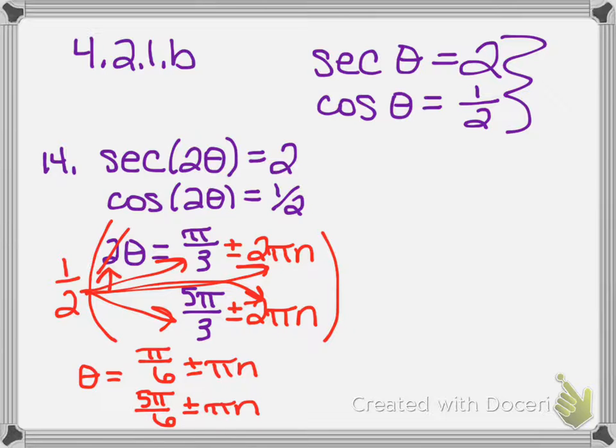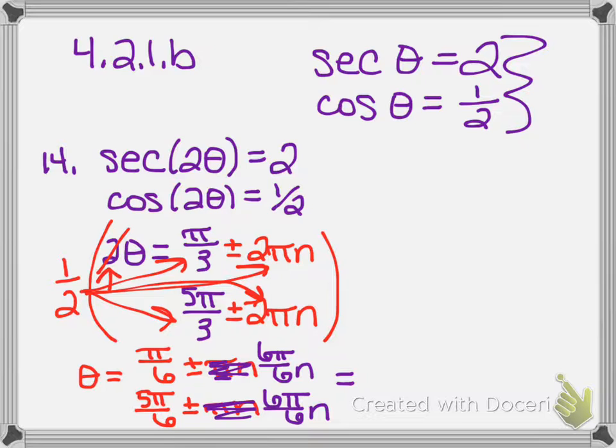Okay, now I'm just going to go ahead and proactively change these pi's right here to be 6 pi over 6, because 6 pi over 6 is still pi, and because now they have the same denominator as their original answers.